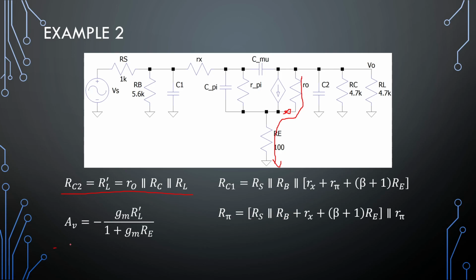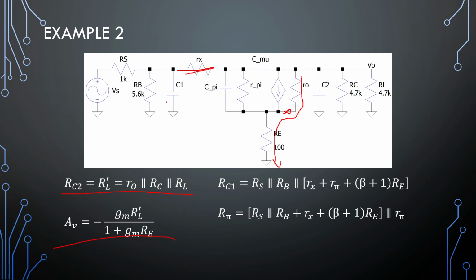Right. The gain of this amplifier is including the degeneration resistor. And now for C1 and C pi, they are sitting in very different positions. Even if we neglect the effect of Rx, they are not in parallel with one another because we have Re down here.